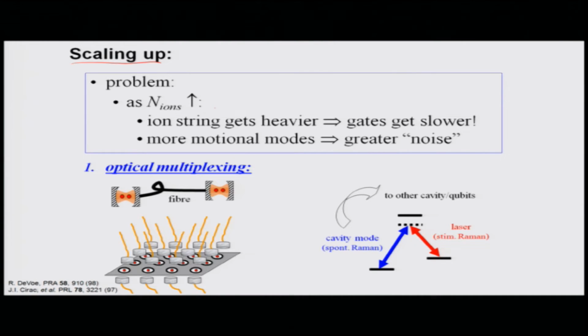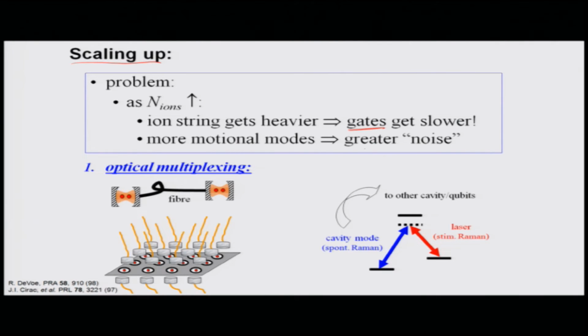As the number of ions goes up, the ion string gets heavier and the gates get slower, because now we are talking about phonon interactions of a larger mass, and so the interactions become slower, and therefore the gates which are going to do these changes will become slower.